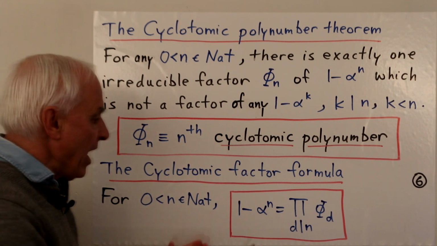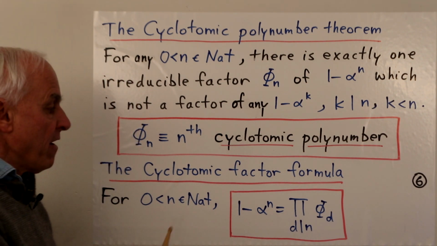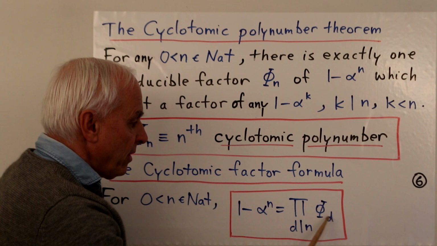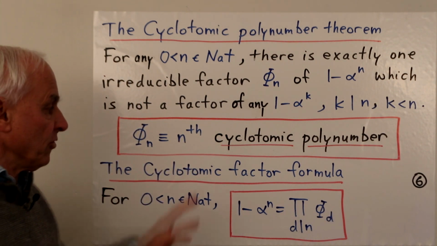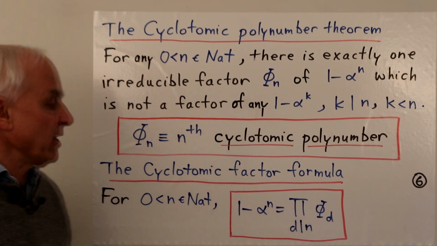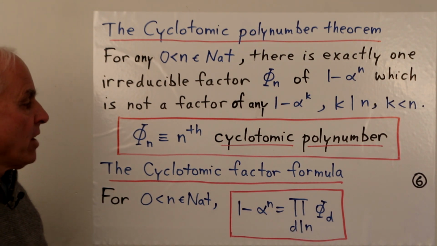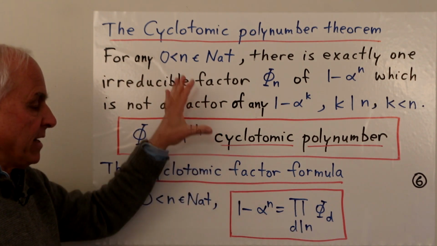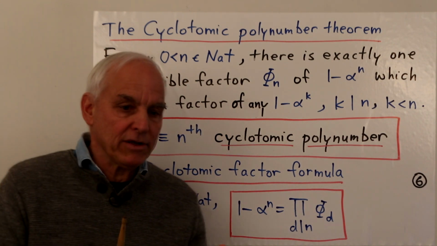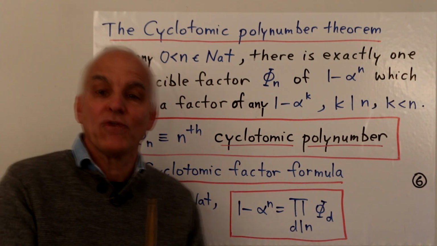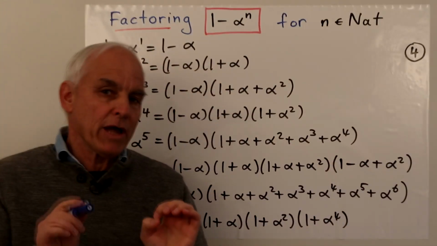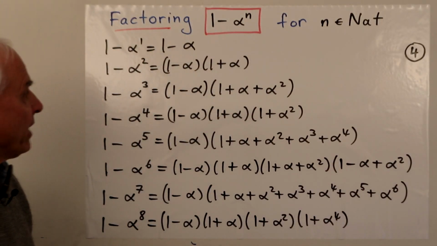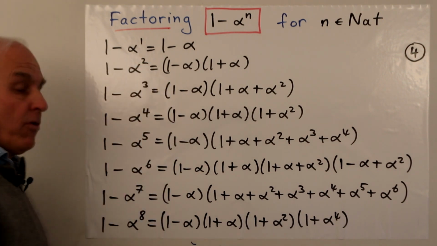This is telling us how this polynumber factors into actually irreducibles. So it turns out that this thing is irreducible. We're not claiming that yet, but that's actually what happens. So I want to illustrate these two things by going back to our lists and seeing where the cyclotomic polynumbers appear.